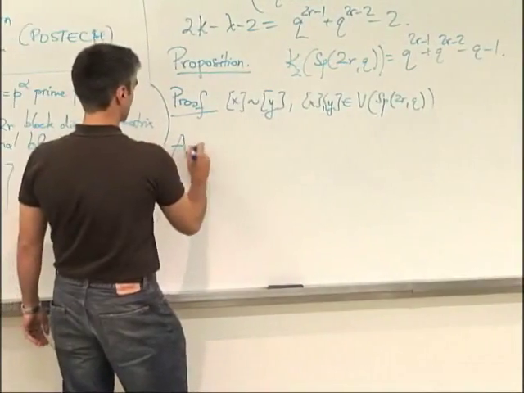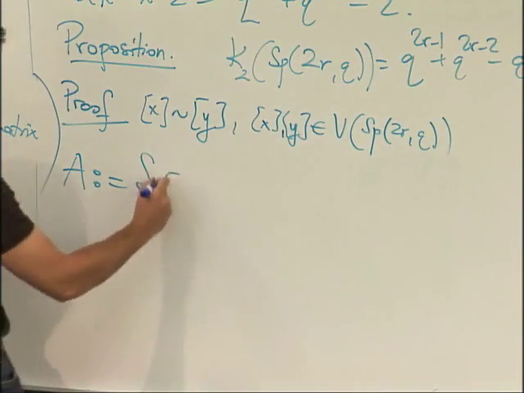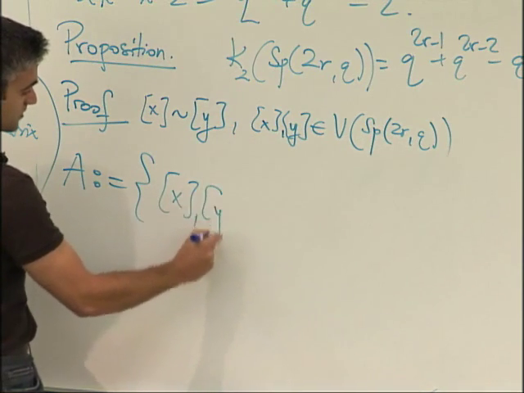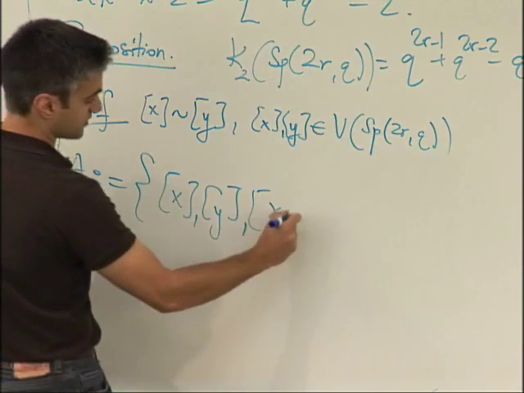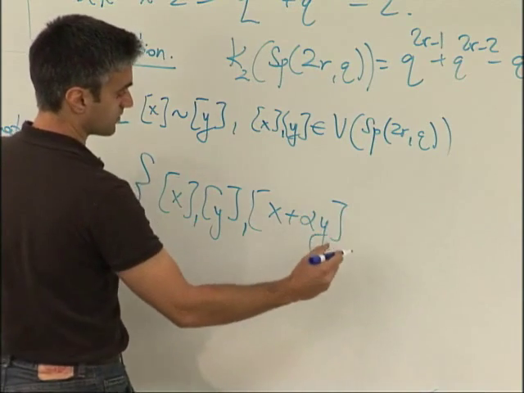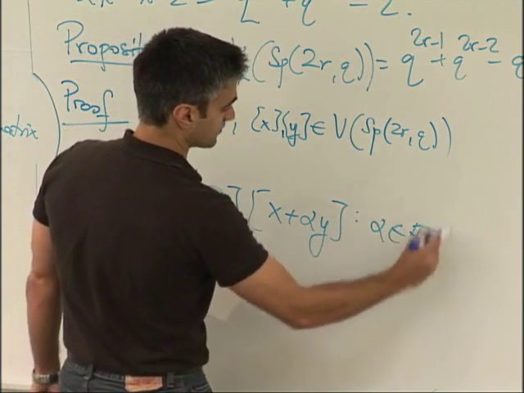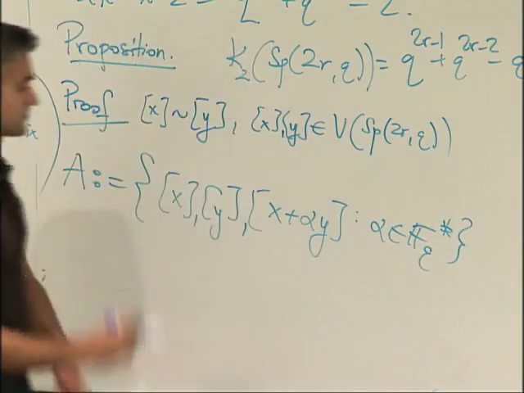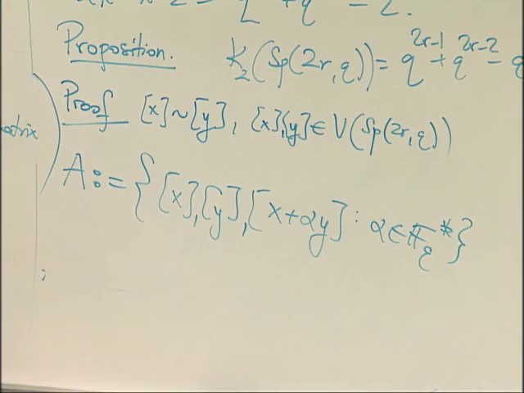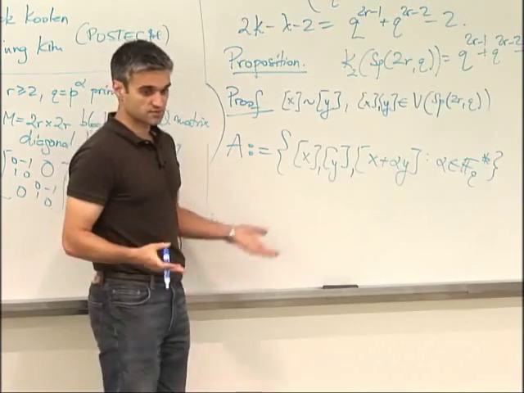And then you take A to be the set formed by X, Y, and everything that looks like X plus alpha Y, where alpha is a non-zero element of FQ.